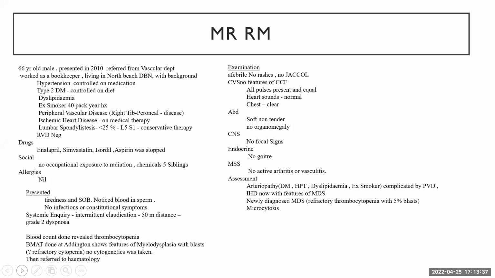The cardiac had nothing of note, and also the abdomen and all the other systems. So his assessment was that of arteriopathy, complicated by peripheral vascular disease and also ischemic heart disease, now presenting with newly diagnosed MDS, refractory thrombocytopenia with 5% blasts, and also had a microcytosis.